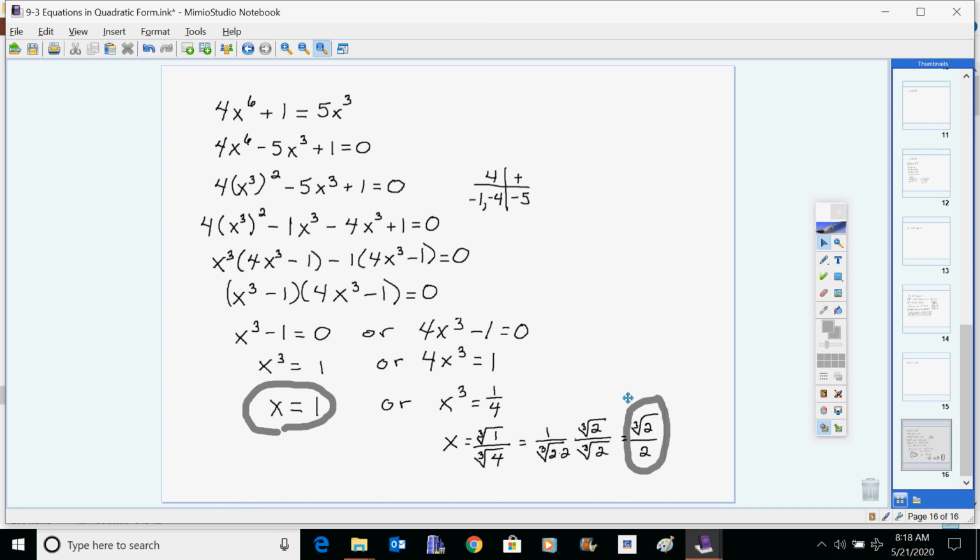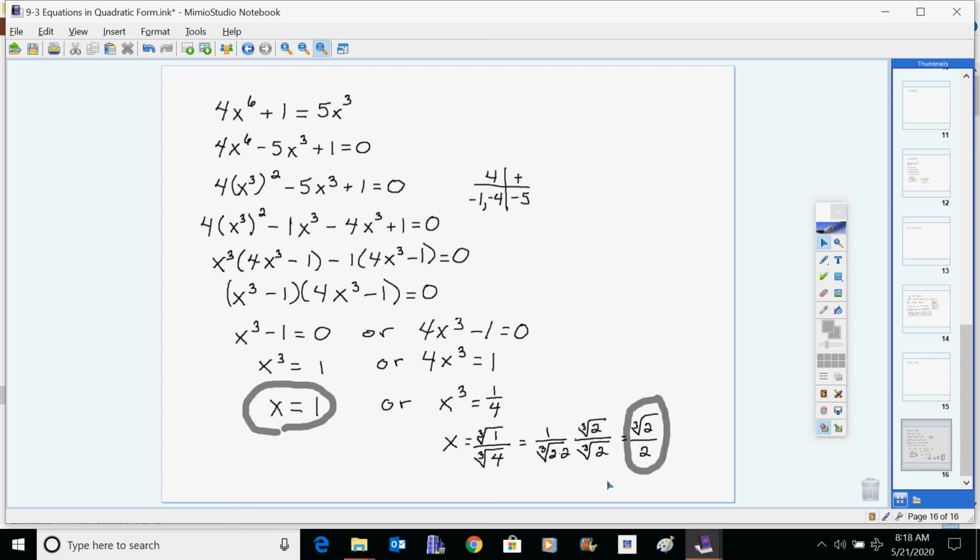Wow. I'm going to untie my tongue one of these days here, because when I cube root both sides, cube root numerator and denominator, I need an extra 2 to make it a perfect grouping of 3 2's, because the cube root of 8 is a perfect cube, which will give me 2. I need an extra cube root 2 here to give me cube root 2 over 2.